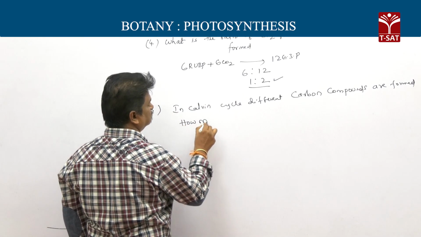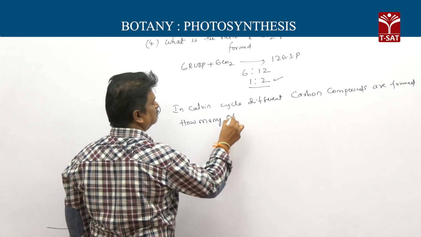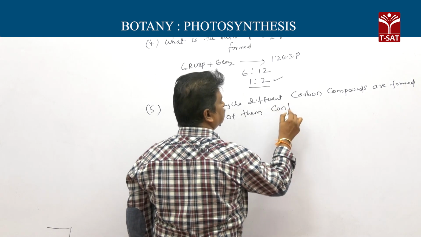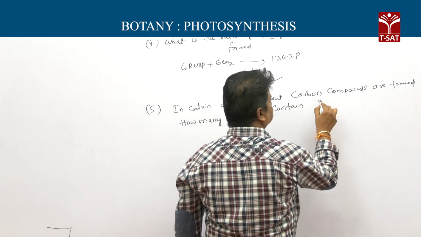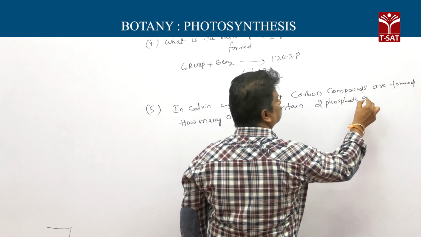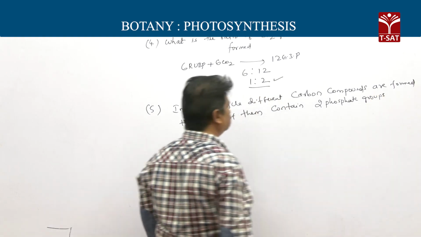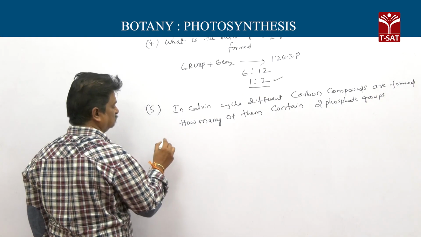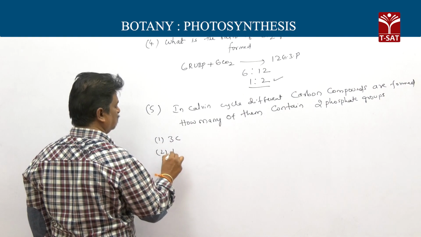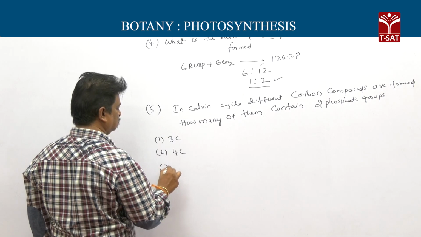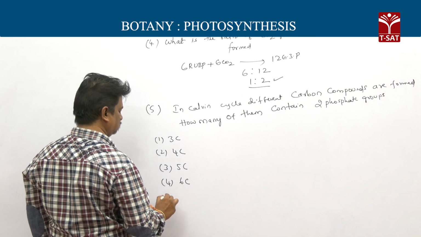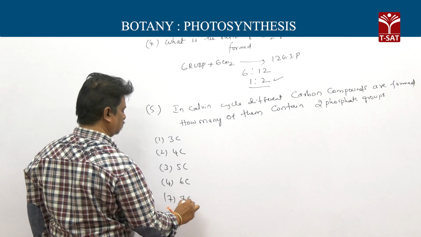How many of them contain 2 phosphate groups? 3 carbon, 4 carbon, 5 carbon, 6 carbon, 7 carbon.